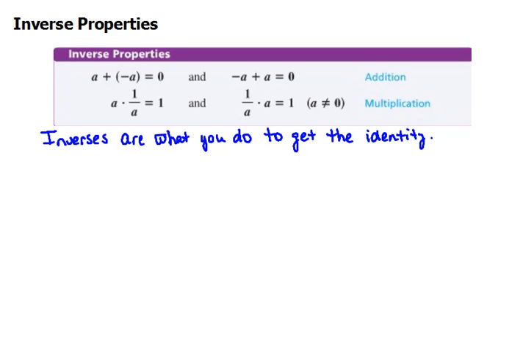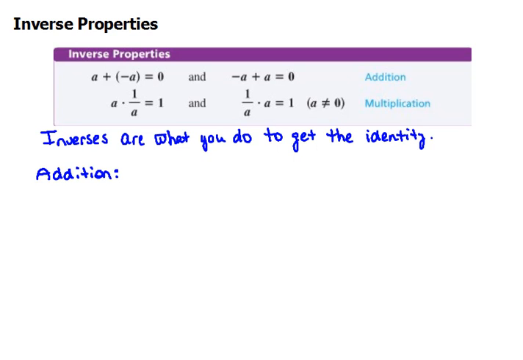So they are very specific because we have an identity for addition, so we have to have inverses under addition. Let's just talk about addition for a minute.